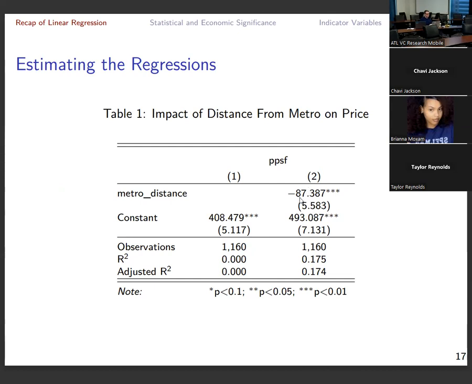You can see in this case, the parameter is close to -90, and the standard error is 5.6. So relative to the magnitude of the coefficient, this standard error is pretty tight. And it's because of that the t-value is so big, causing it to have a very strong level of significance to reject the null hypothesis. And so you can see that the significance level is less than 0.1%.